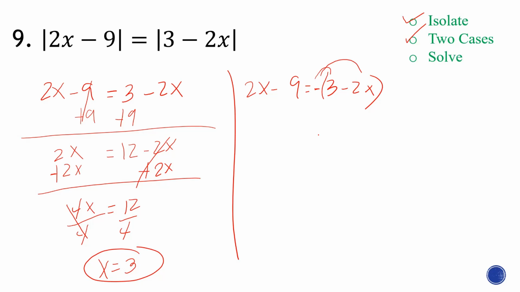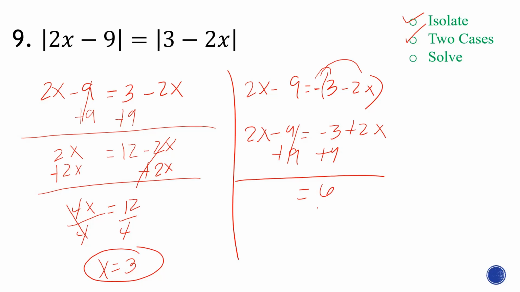So distribute that negative sign to both 3 and negative 2x. Okay, now add 9. Okay, this will be equal to 6 plus 2x, 2x. Okay.